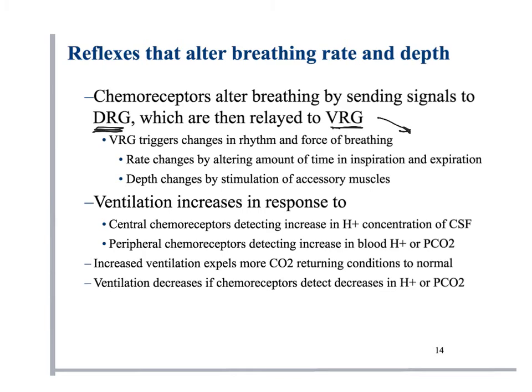Normal tidal volume has this normal sinusoid, but we could increase the rate of breathing, making it go faster in and out. And then we could also increase the depth, breathing more air in, more air out. So ventilation, or breathing, increases in response to increased hydrogen ions.